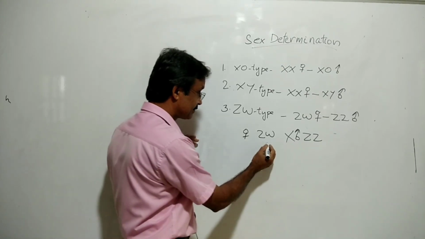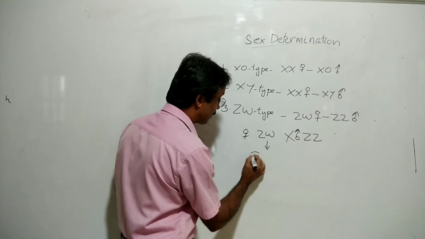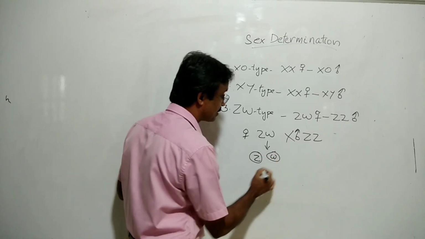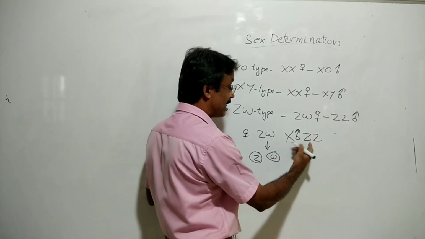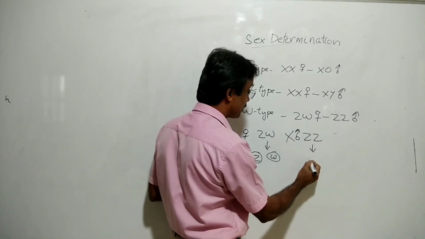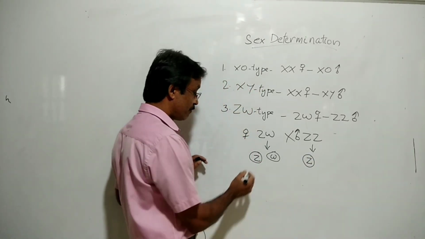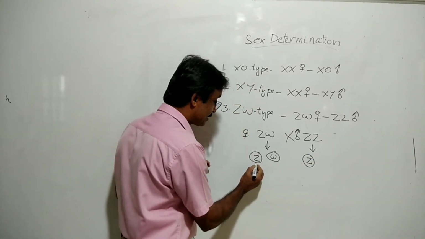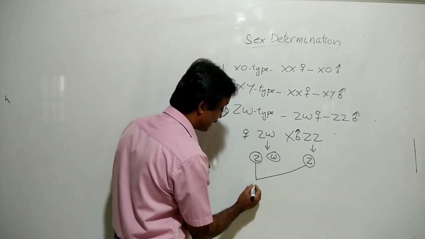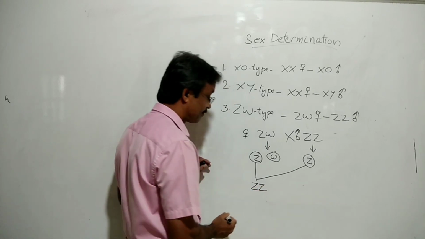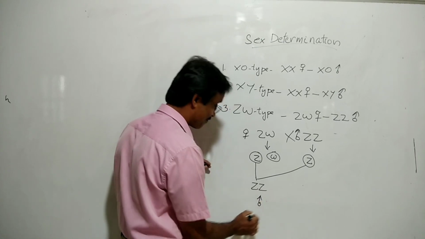During egg formation, two types of ovum are formed, one with Z and the other with W. But male produce only one type of sperm containing the Z. When the Z ovum is fertilized with the sperm, then it is ZZ and it is male.